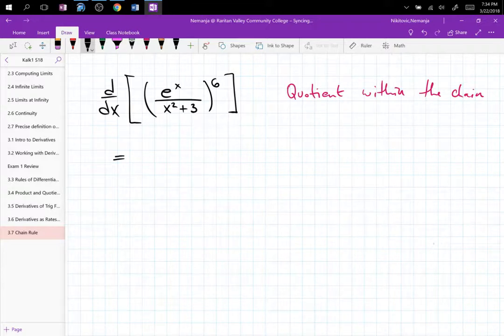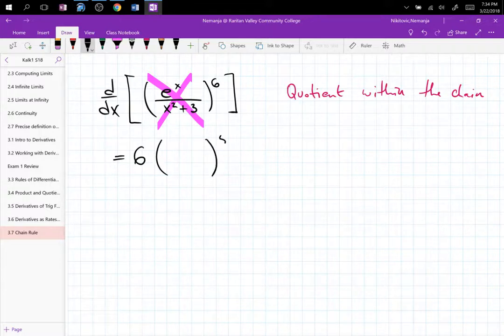So, this is what happens in my head. I don't know which way your head works, but my head works this way. I have x to the 6th, so it's immediately 6x to the 5.